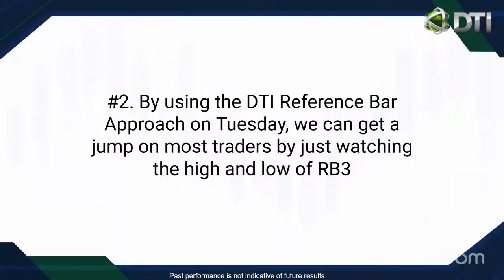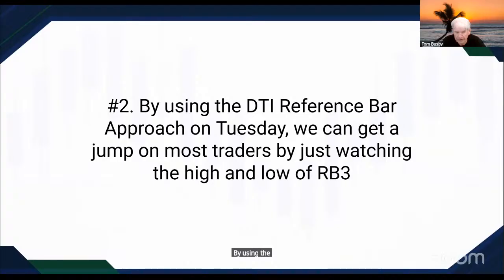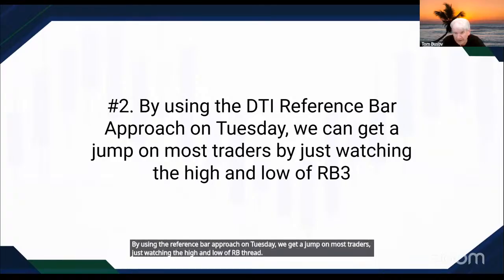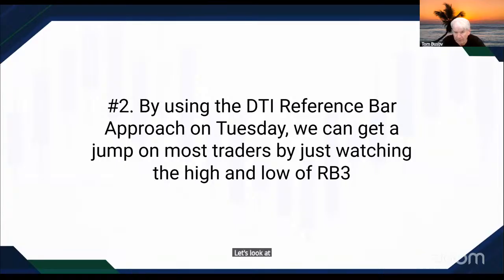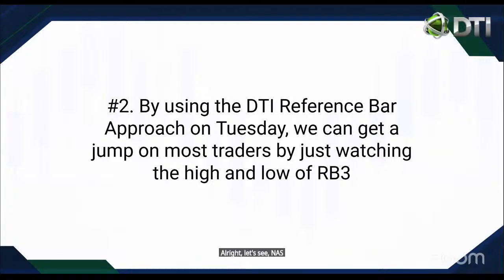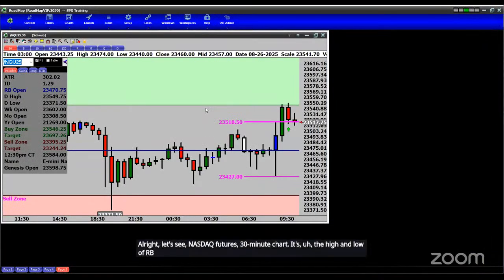Number 2. By using the reference bar approach on Tuesday, we get a jump on most traders just watching the high and low of RB3. Let's look at this morning's RB3 for the NASDAQ and E-mini. All right, NASDAQ futures 30-minute chart. The high and low of RB3 is already marked with the RB frame lines.